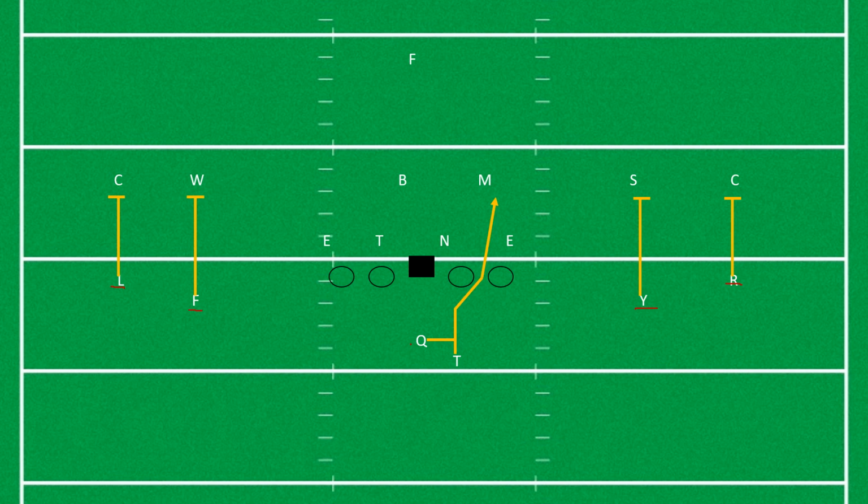He's going to receive the handoff, and he's going to run through the 4-hole, just like we just talked about. So the 2-back is going through the 4-hole. That's why a lot of teams would call this play 24 power. But because of the way we call plays, it'll just be 2x2 right, and then I'll give you the hand signal for power. And then the center will give the linemen their calls.